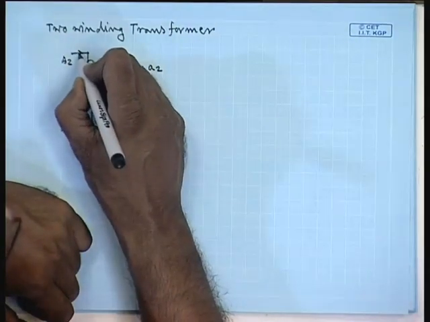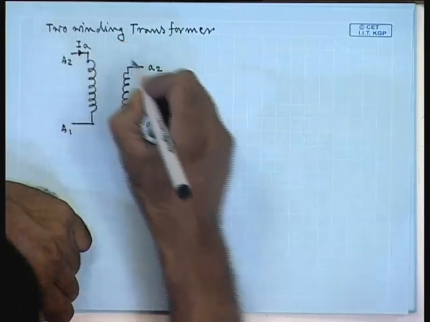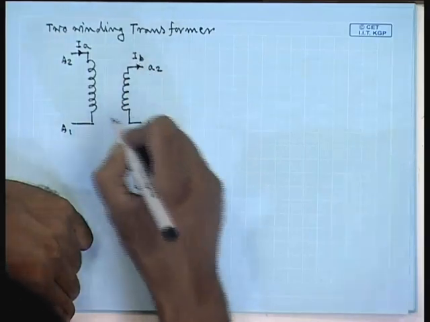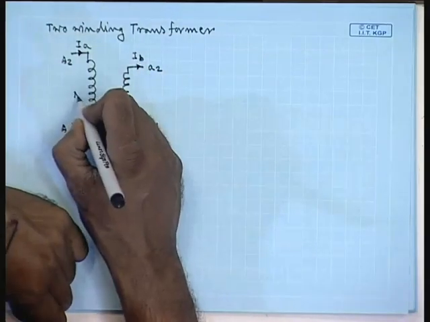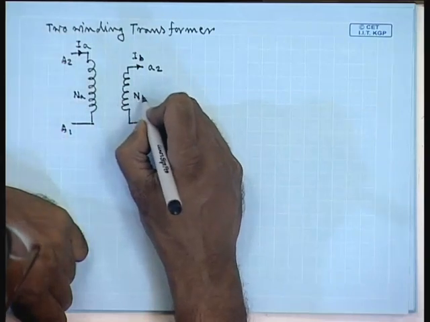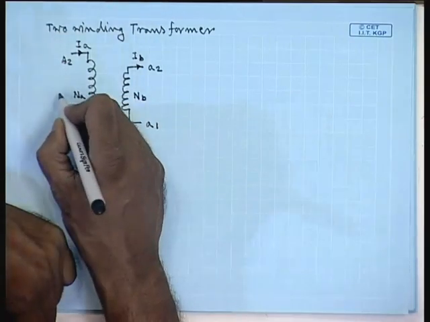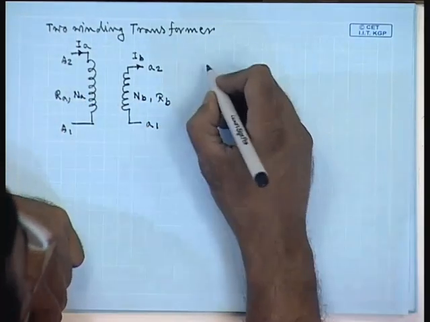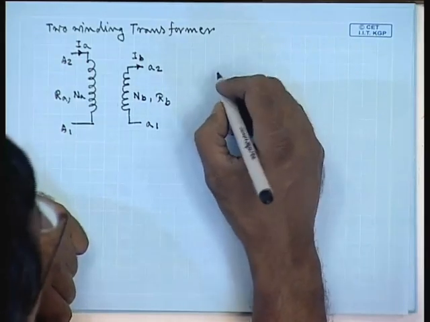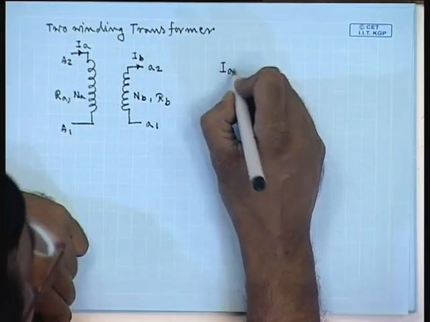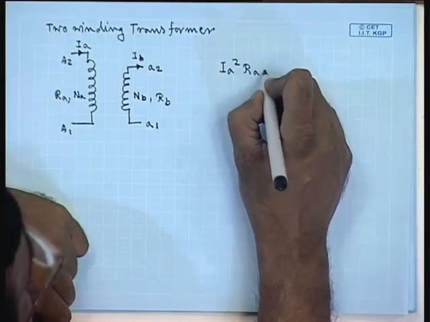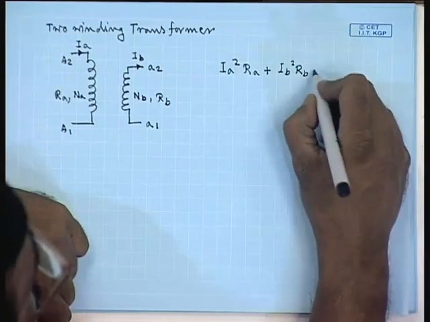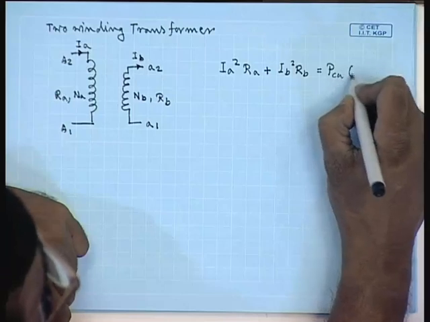Let this current be IA, this current be IB, number of turns here NA, number of turns here NB, resistance of this winding let us say is RA, resistance of this winding is RB. Therefore, the total copper loss in this two winding transformer will be IA square RA plus IB square RB equal to P copper loss in two winding.